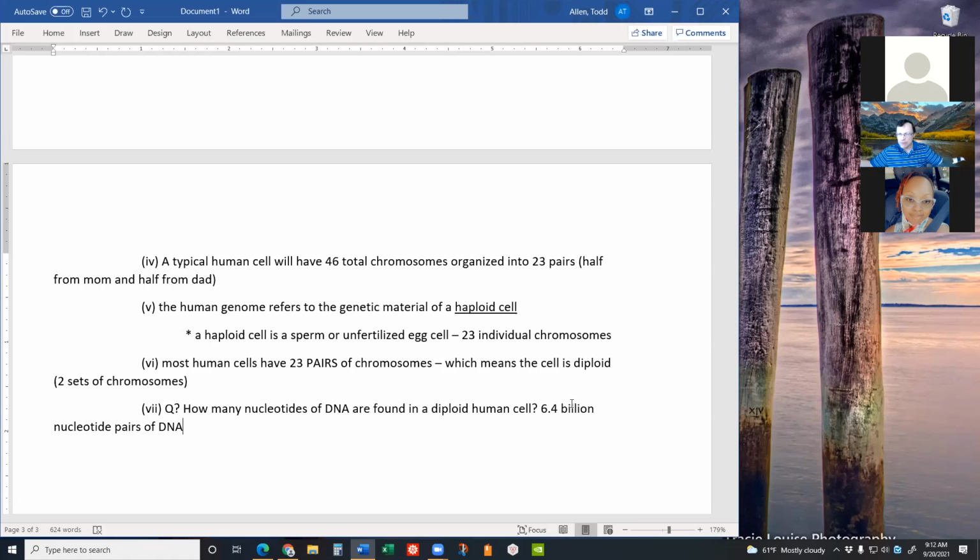Whatever happens here, how much instruction is needed? What's the size of the instruction manual? It's 6.4 billion nucleotide pairs of DNA in every one single cell of your body.